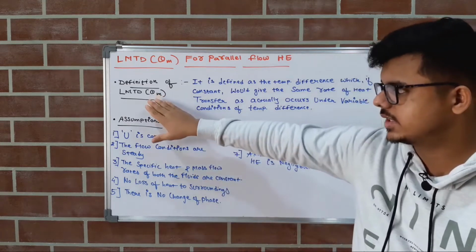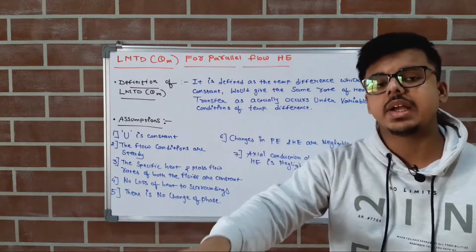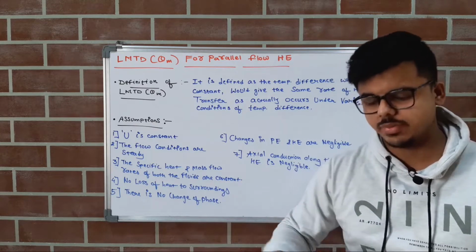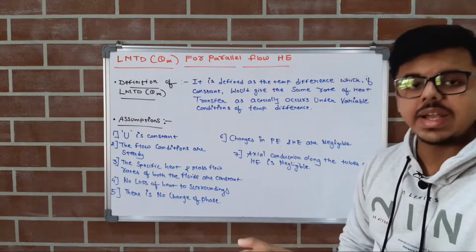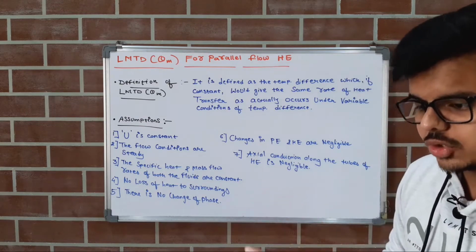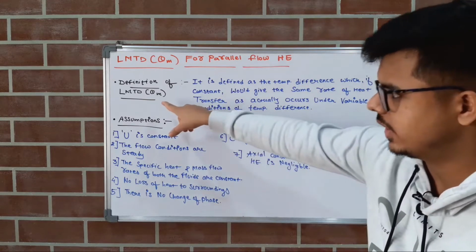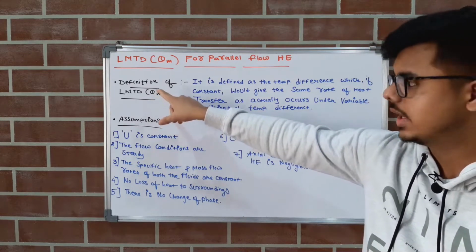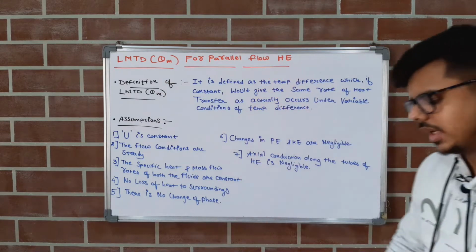By considering this temperature, we can get the same results which we get when we practically use the heat exchanger. That is, when we operate the heat exchanger, the actual heat transfer rate is approximately the same as we get on paper by using this temperature difference, right? So this is the definition of LMTD.